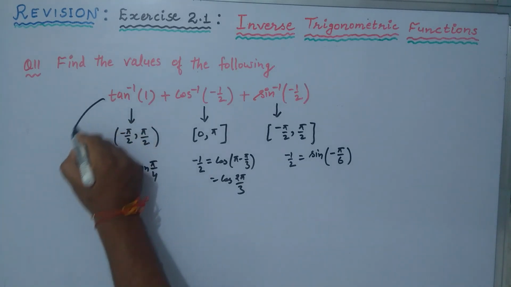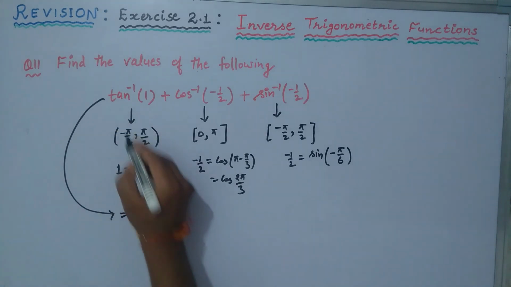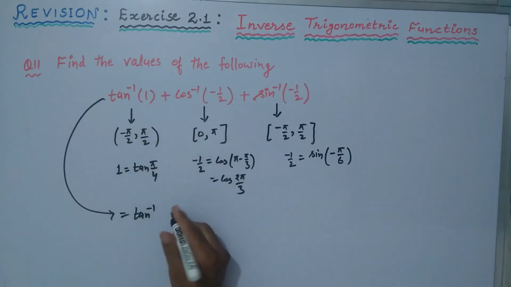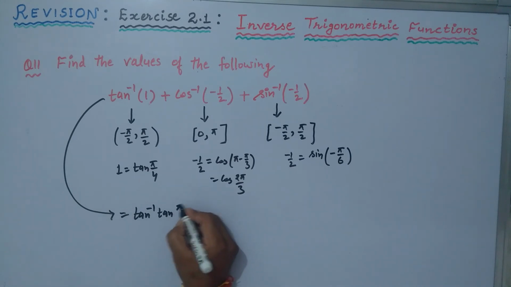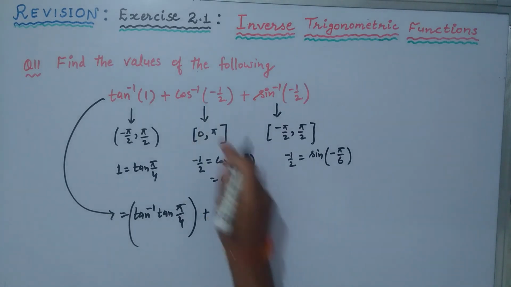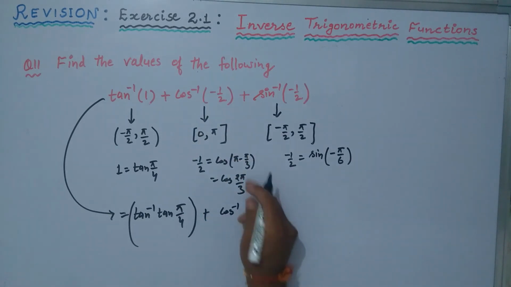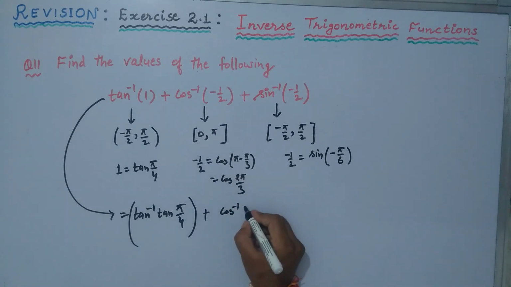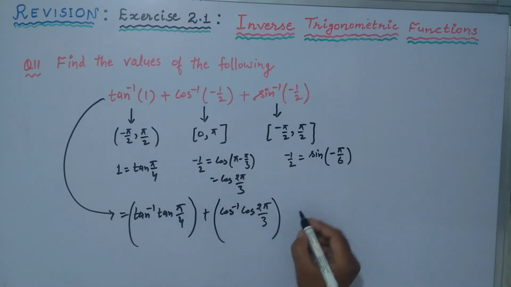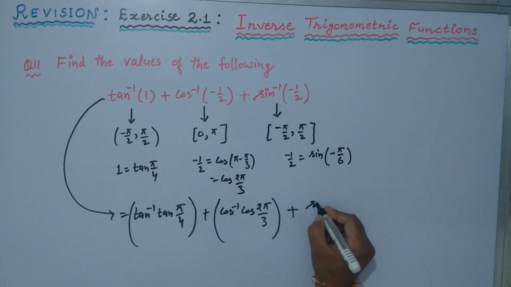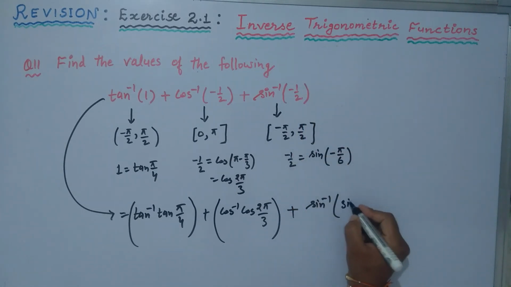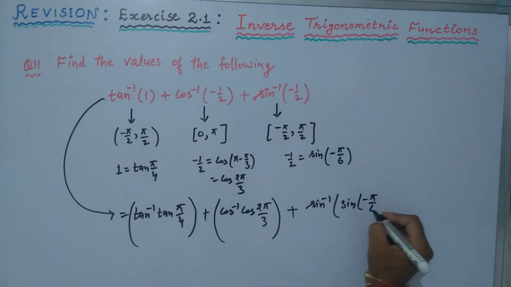So this is equal to tangent inverse of tangent pi by 4, plus cos inverse of cos 2 pi upon 3, plus sine inverse of sine of minus pi by 6.